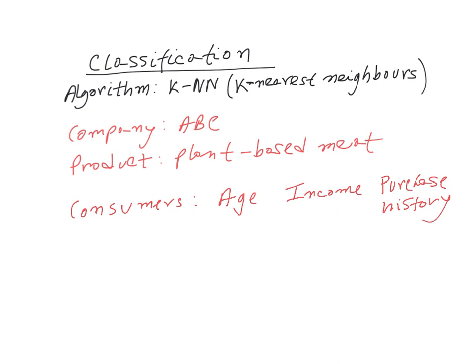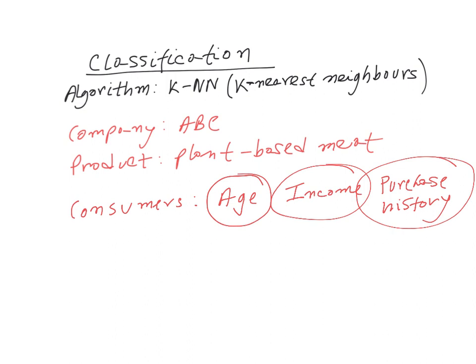Now suppose they hire you for this job, and they provide you the data set which has the age of the consumer, income, and purchase history. The company wants you to find out the potential consumers, and once you find them, they would like to offer discount vouchers. So that's the whole idea.